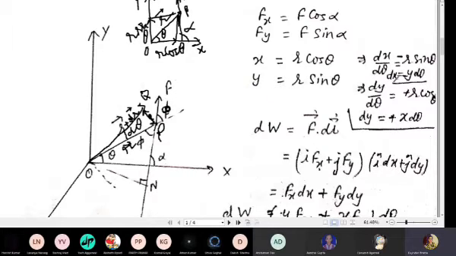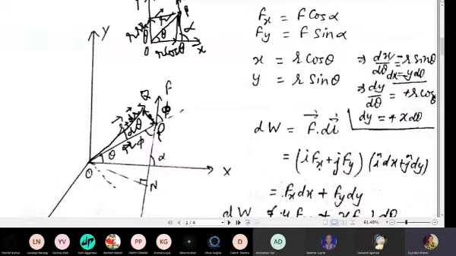Similarly, if you take the derivative of y with respect to theta, dy by d theta equals r cos theta. So you can write dy equals x d theta, because r cos theta is x.